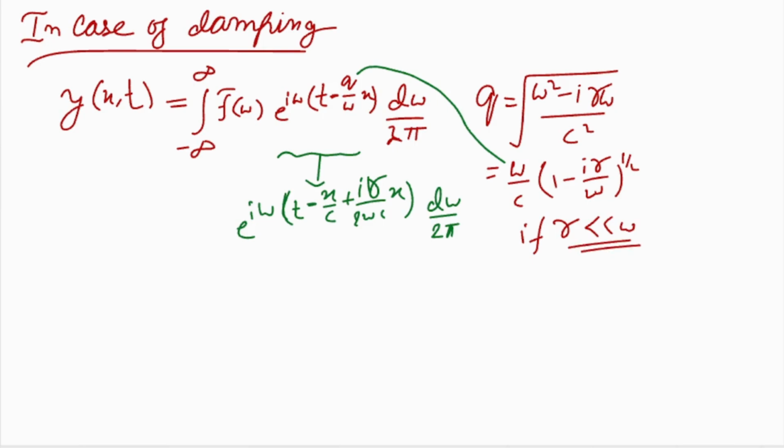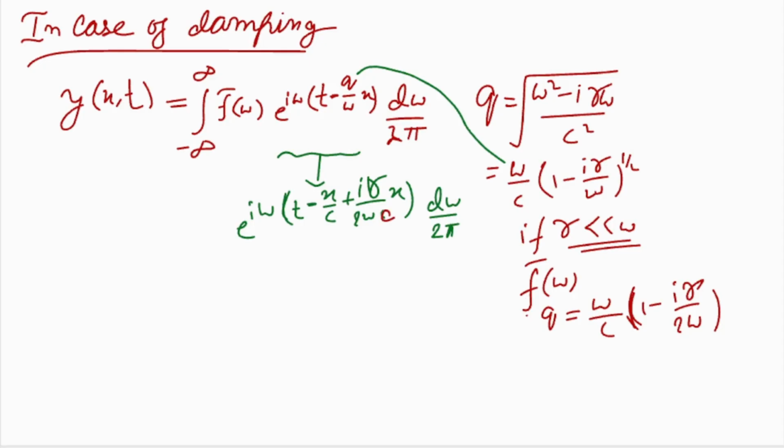If we assume that, then for all the frequencies present in this function, our q will be omega over c times 1 minus i gamma over 2 omega. Now I hope you can understand what we have done, right?